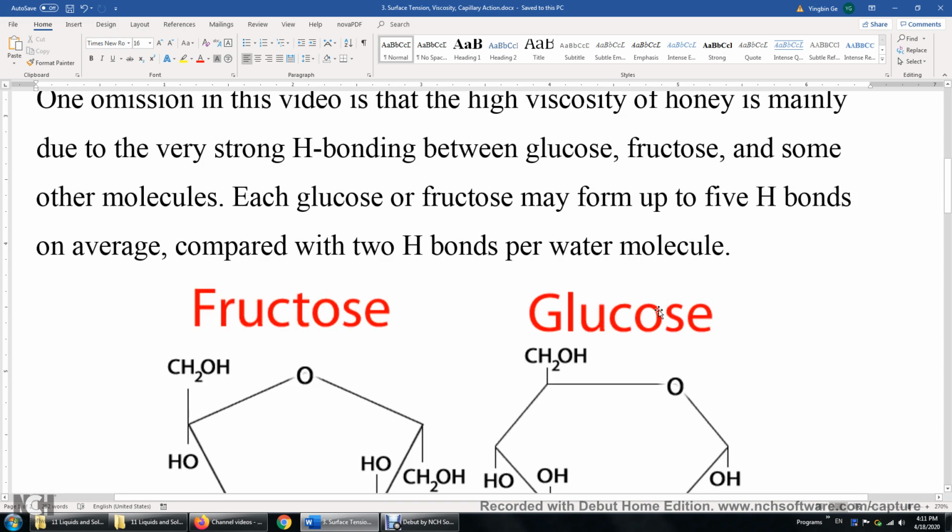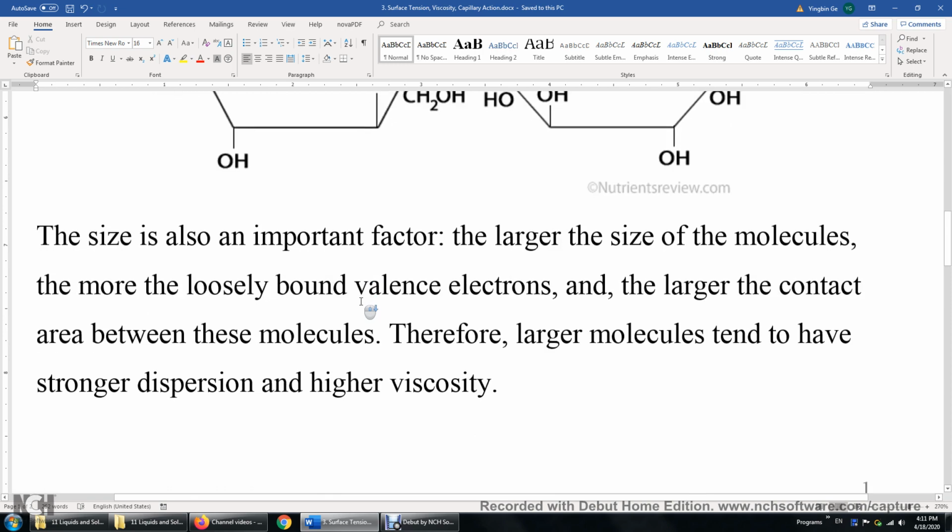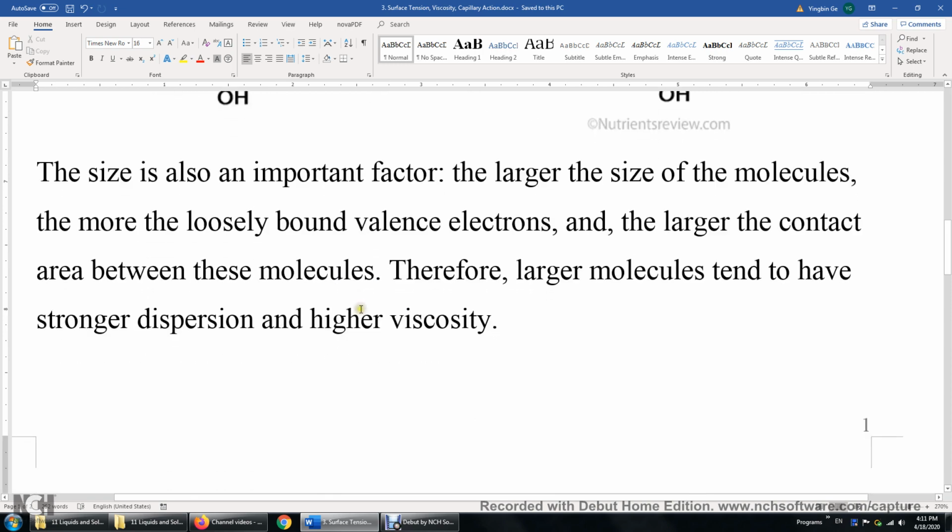And because of the strong hydrogen bonding between glucose, fructose, and actually there are other molecules in honey that can also form very strong hydrogen bonds, that's why there's a very large attraction between the molecules and therefore higher viscosity. Of course, the size of these molecules is also a very important factor.